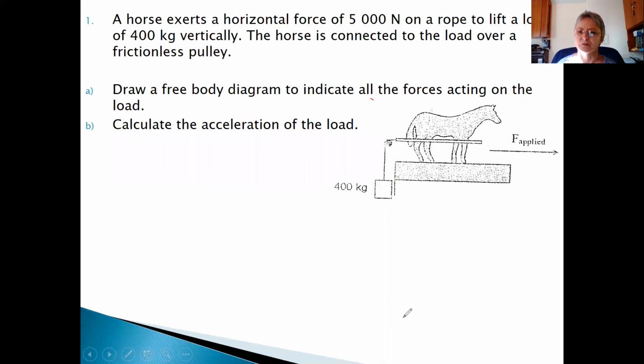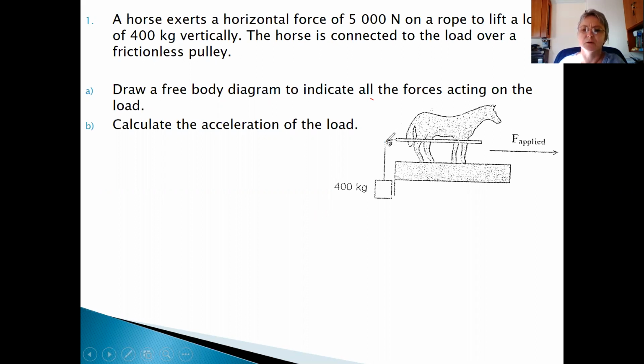Our first example says a horse exerts a horizontal force of 5,000 newtons on a rope to lift a load of 400 kilograms vertically. The horse is connected to the load over a frictionless pulley.